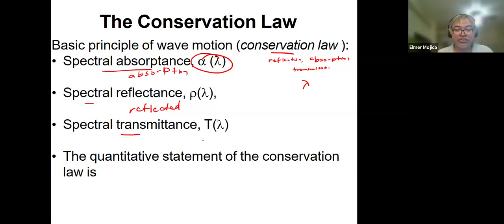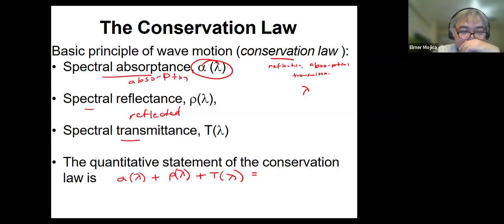And if you're going to look at the quantitative statement of the conservation law, how does it look like? We're just going to add all of them. And they should be equal to what? Anyone?